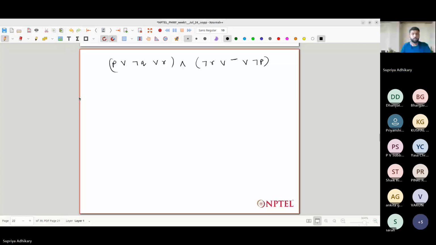So this is the conjunction, and similarly the disjunction is replaced in all of this third.